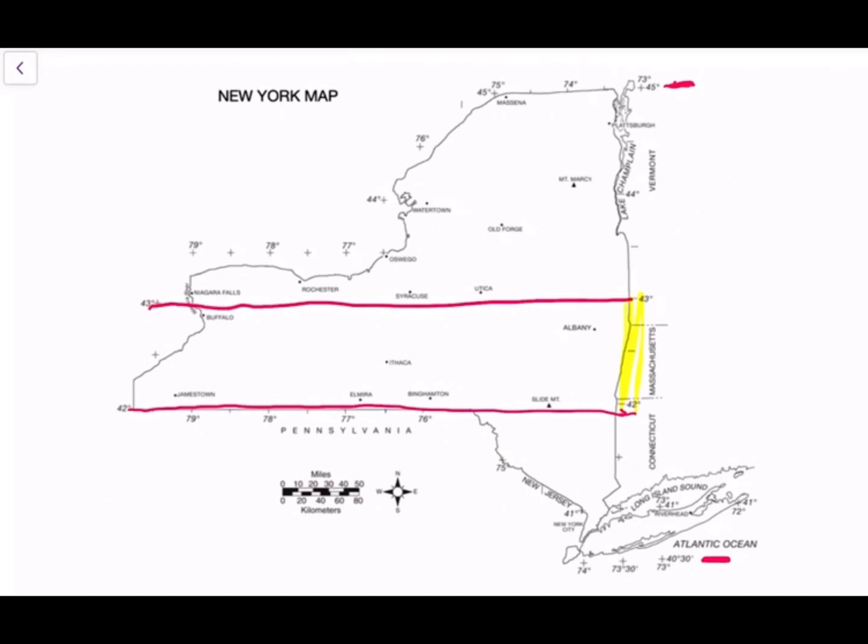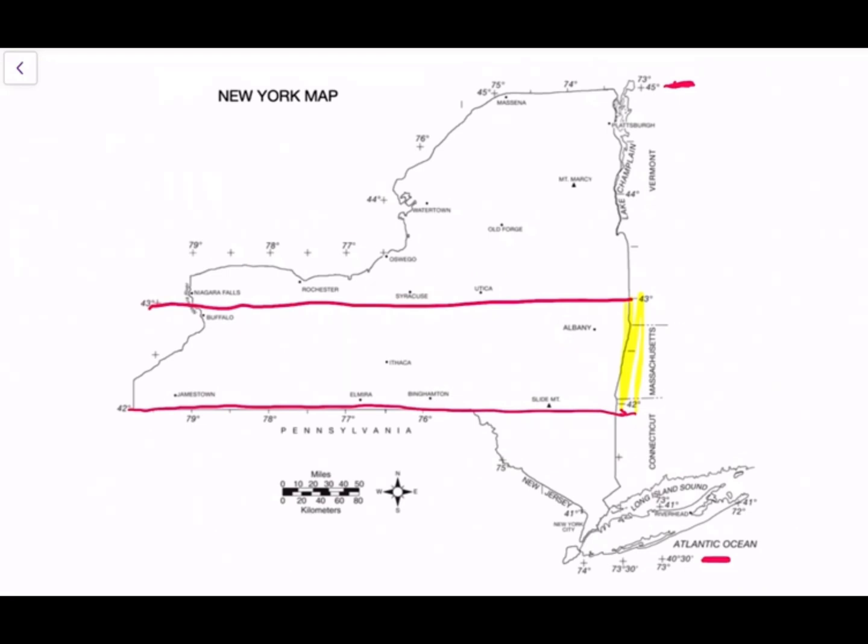So we use latitude and longitude in order to give the precise or exact location on Earth to say this exact spot is 43 degrees latitude, 73 degrees longitude. But sometimes we have to get a little more specific than just the degree of latitude, right?